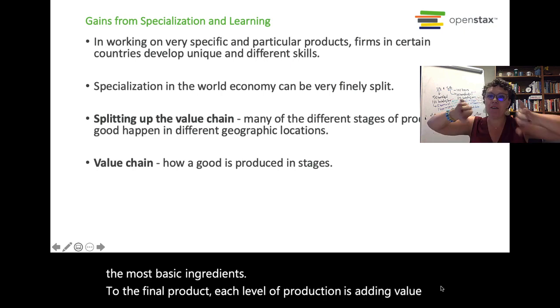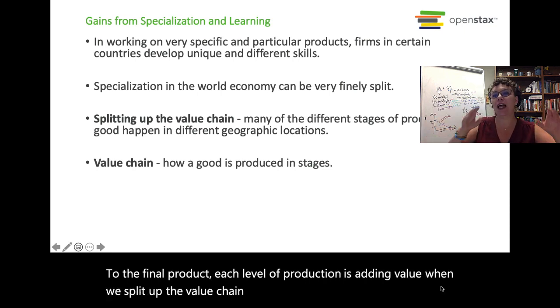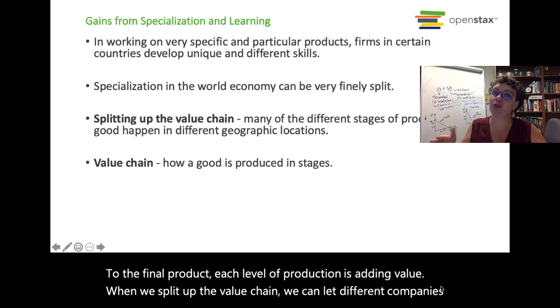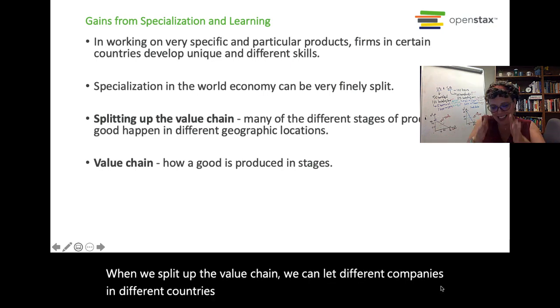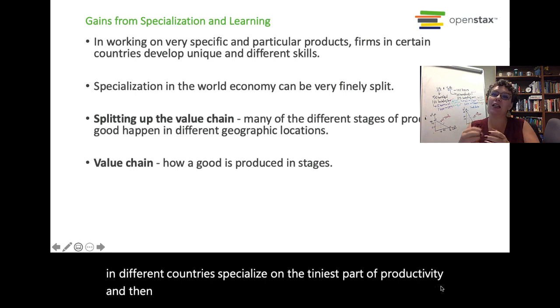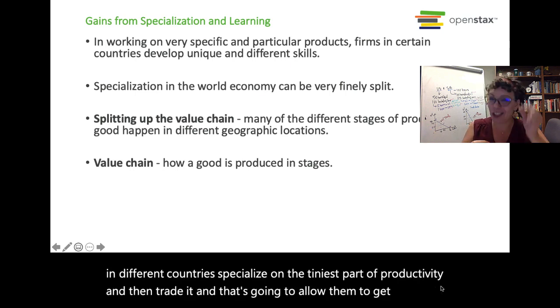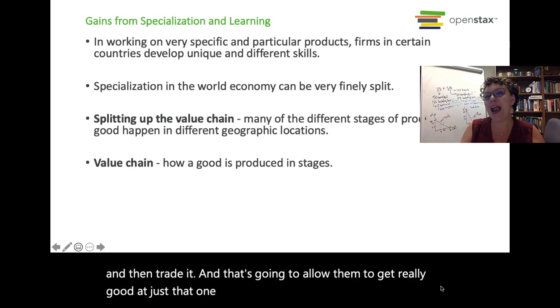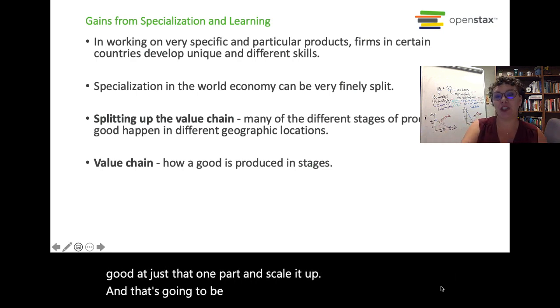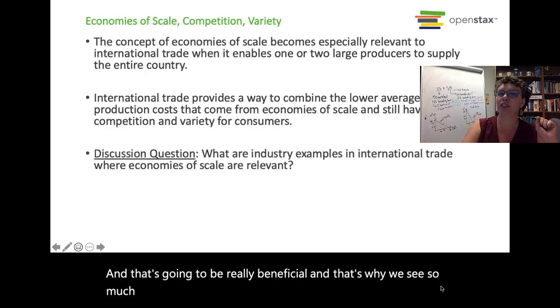When we split up the value chain, we can let different companies in different countries specialize on the tiniest part of productivity and then trade it. That's going to allow them to get really good at just that one part and scale it up. And that's going to be really beneficial. And that's why we see so much intra-industry trade.